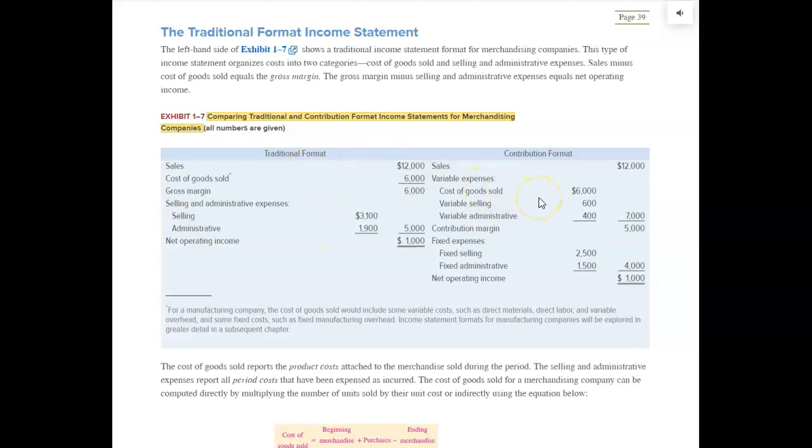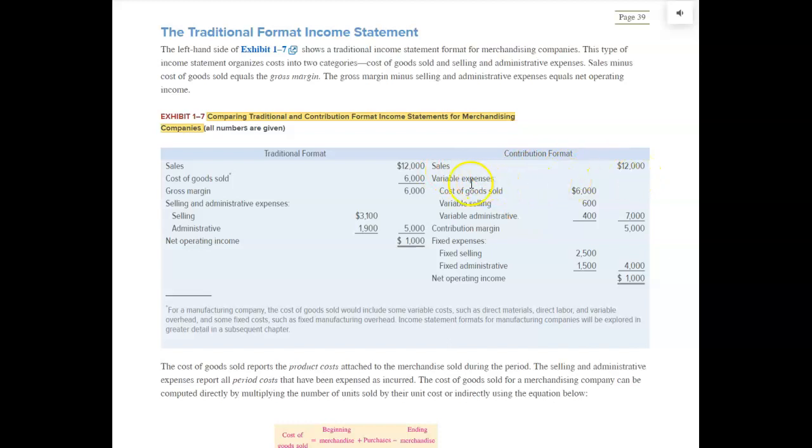Sometimes managers want to know the difference between the variable and the fixed cost, because variable costs can change with different levels of activity, whereas fixed costs cannot. Sometimes this gives you better information about your own company. Sales are still in here.